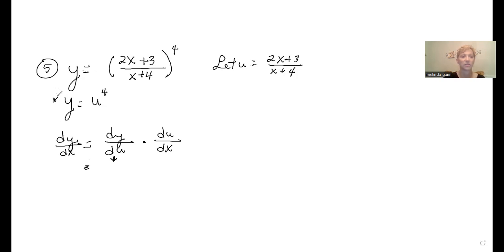That's the only equation out of the three that has y's with u's. So I take the derivative of that. Power rule: 4 comes down, u stays the same, power goes down by 1. 4u cubed. Times, out of my three equations, where's the only one that's got u's and x's? That would be over here.